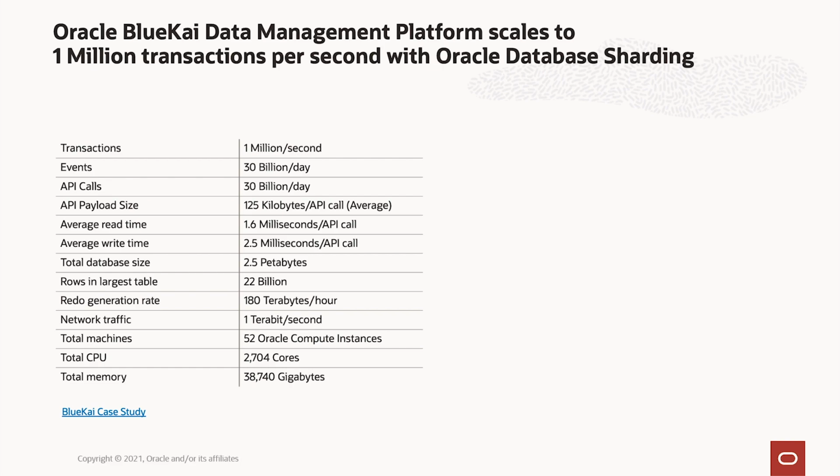Another thing to note is that in this deployment there is no caching. All these numbers are coming directly from hitting the Oracle Sharded database instance. And this is our flagship relational database product, so they get all the good features around data consistency, transactions, ACID properties, joins, etc. So that's an example of something which needs really large scale.